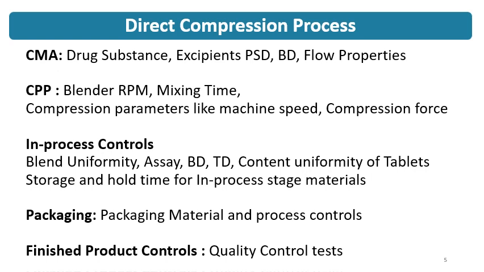So in-process controls are the blend uniformity, assay, bulk density, tap density, content uniformity for the tablets. So for blend, mainly the blend uniformity, densities like tap density, bulk density and assay is critical. And for the compressed tablets, along with the other tests, CU is very important, that is content uniformity.